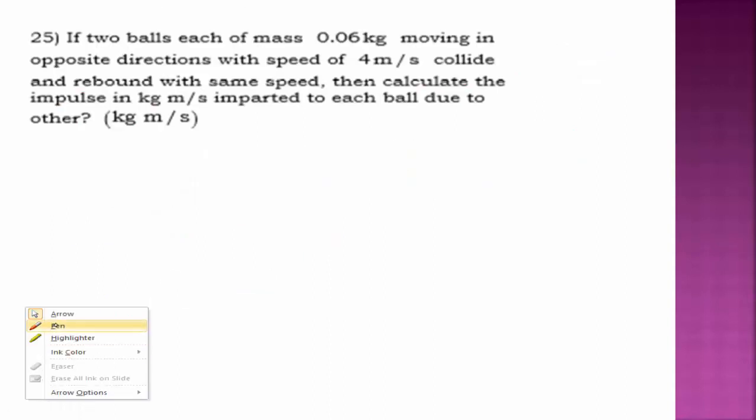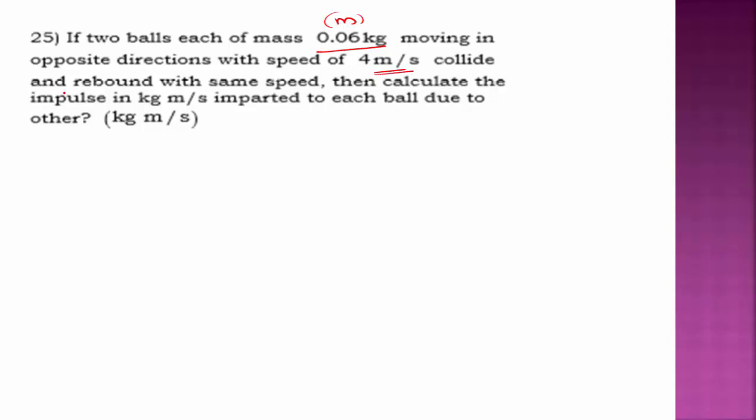If two balls of each mass 0.06 kg moving in opposite directions with a speed of 4 meter per second collide and rebound with the same speed, then calculate the impulse in kg meter per second imparted to each ball due to the other.